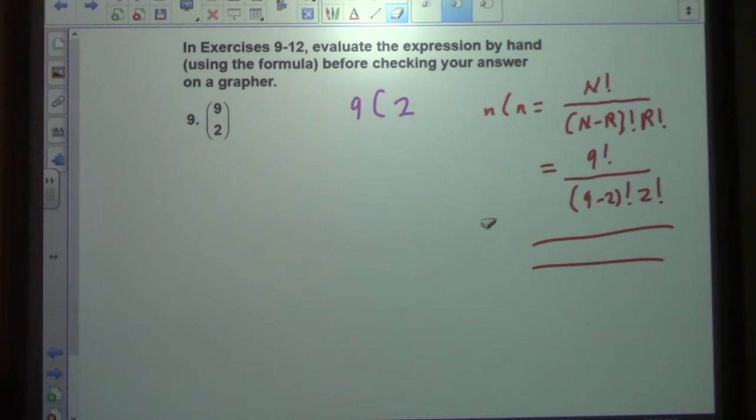So on the bottom, 166 minus 0 is still 166. And the permutation is, oh, that's one. Wait, and I got the wrong number.